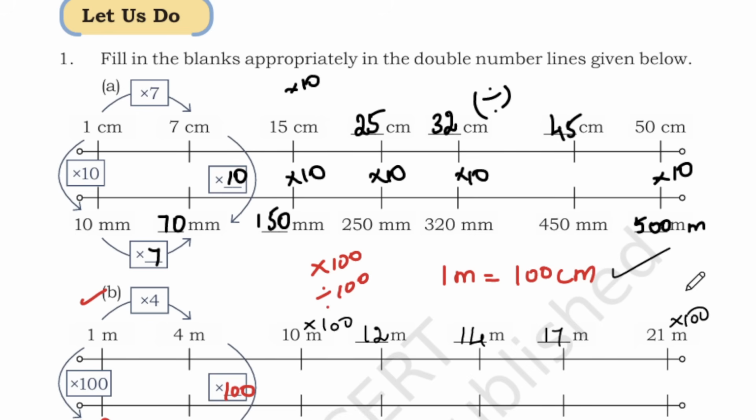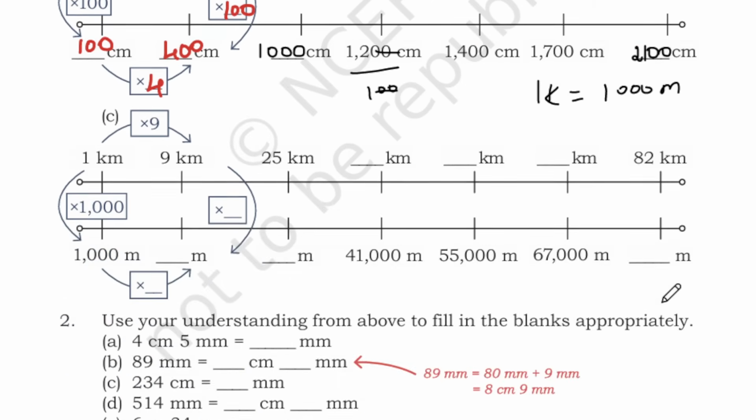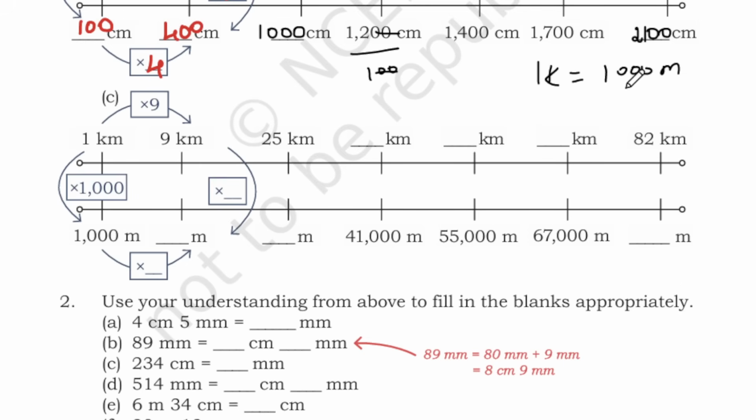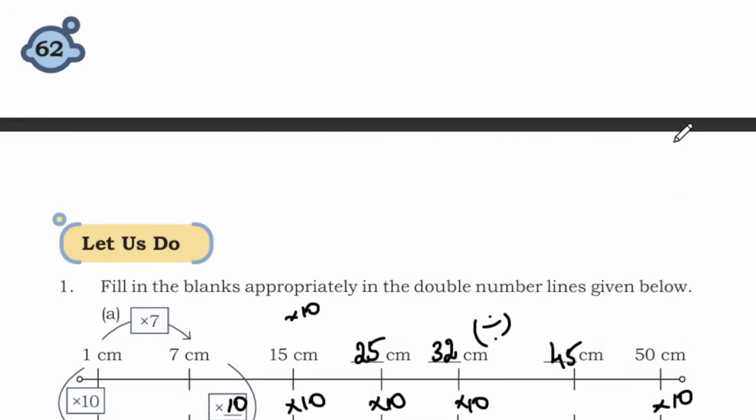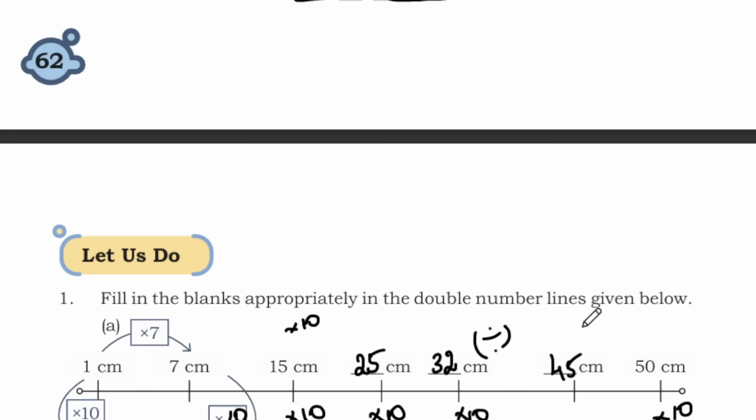Okay, these units you have to know by heart. 1 meter equal to 100 centimeter. Likewise 1 kilometer equal to 1000 meter. And here 10 millimeter equal to 1 centimeter. So those things you have to learn by heart.